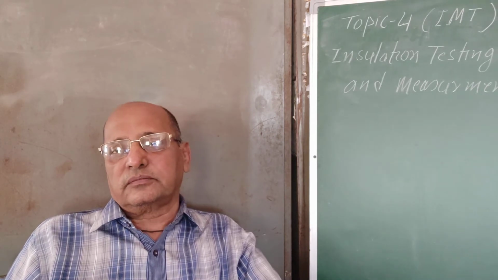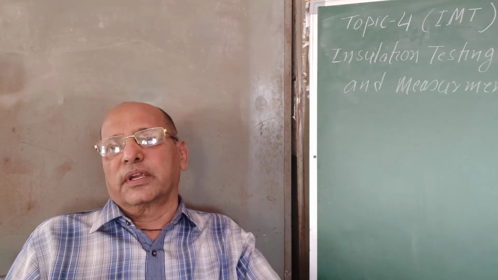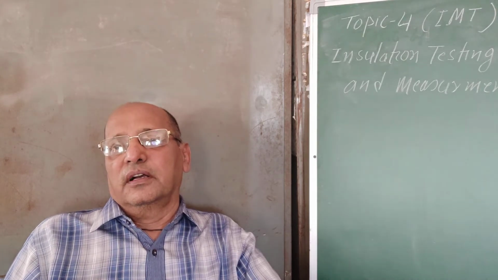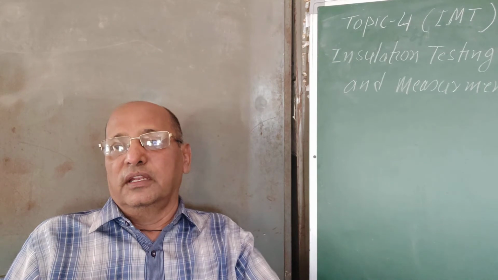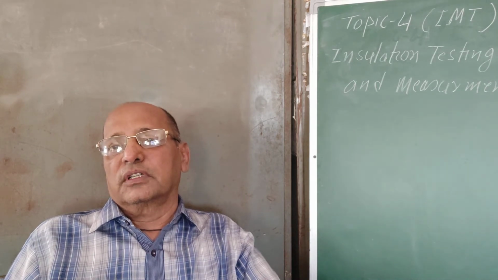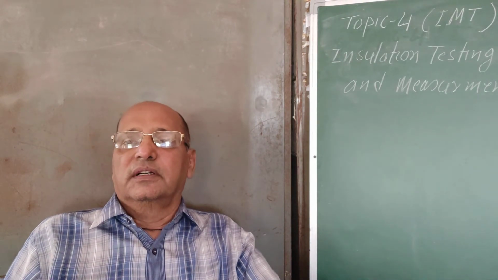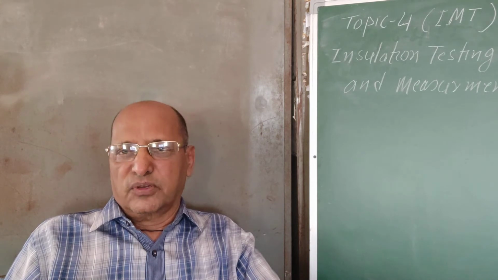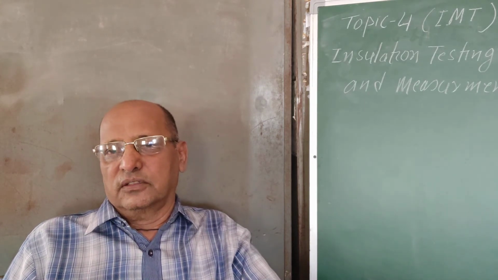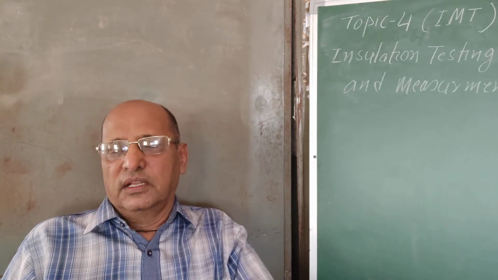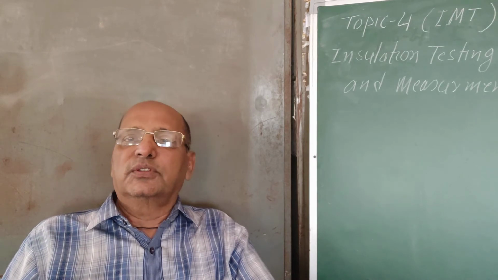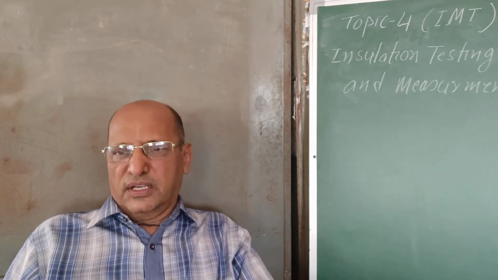The other insulation is in the form of insulating oil, which is provided in the transformer to fill it up. So it is also called transformer oil. Its value is measured again in mega ohm.